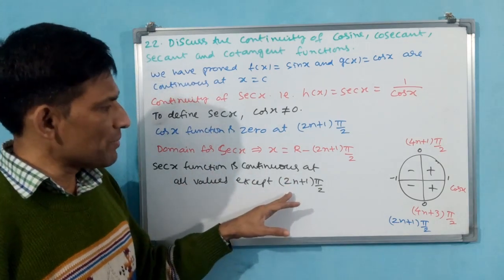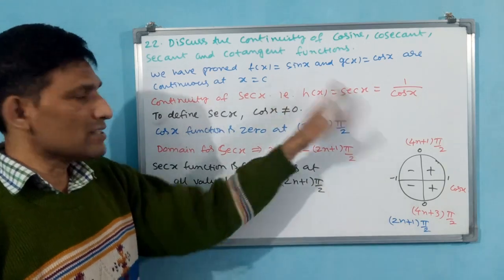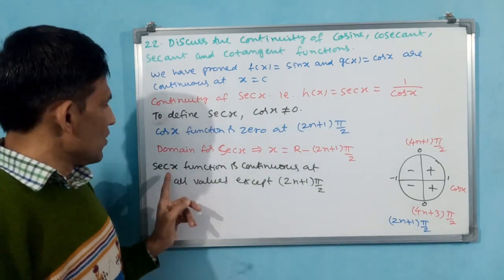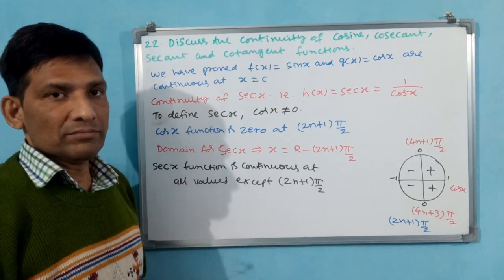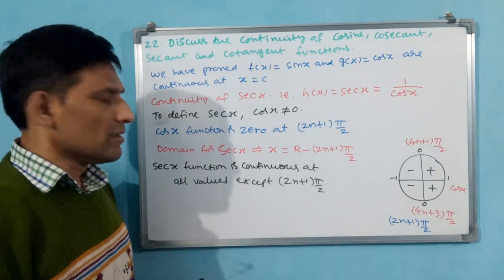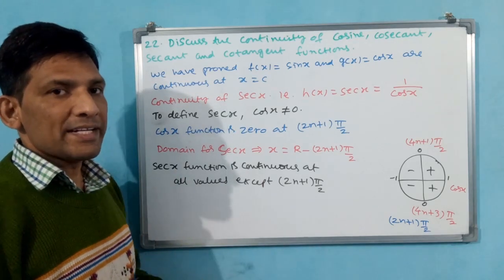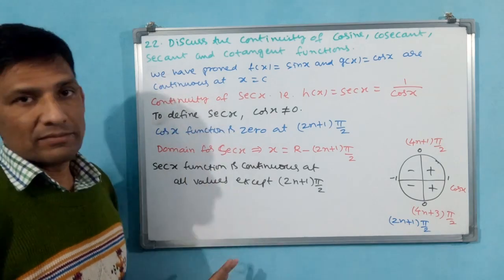That means at (2n plus 1) pi by 2 the function is not defined. That is why secant x is continuous. Like this you write, and close this secant x.